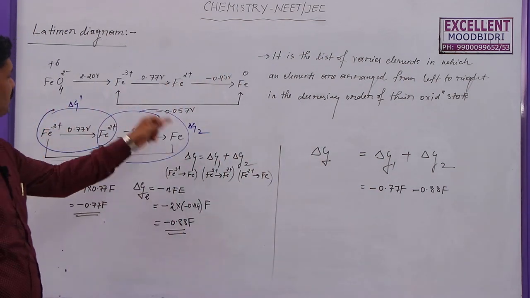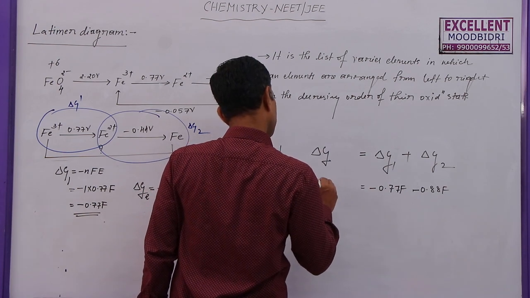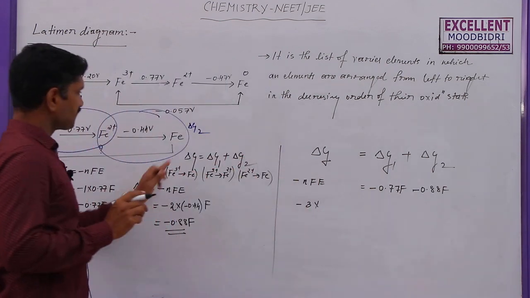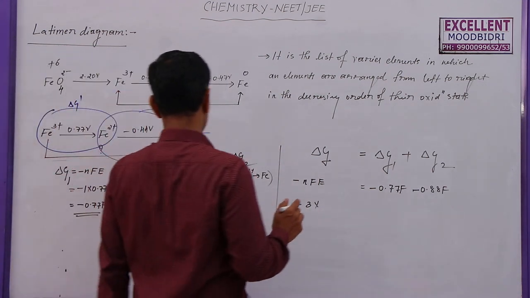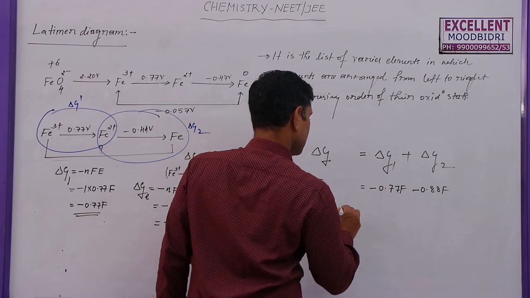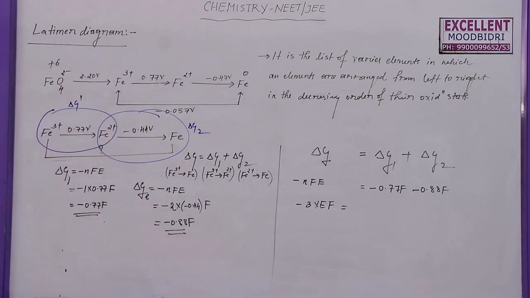Once it changes from Fe3+ to Fe, it is minus n times F times E. So minus 3, the number of electrons transferred here is 3, times F, you have to find the E value, times F, is equal to the sum of these two.